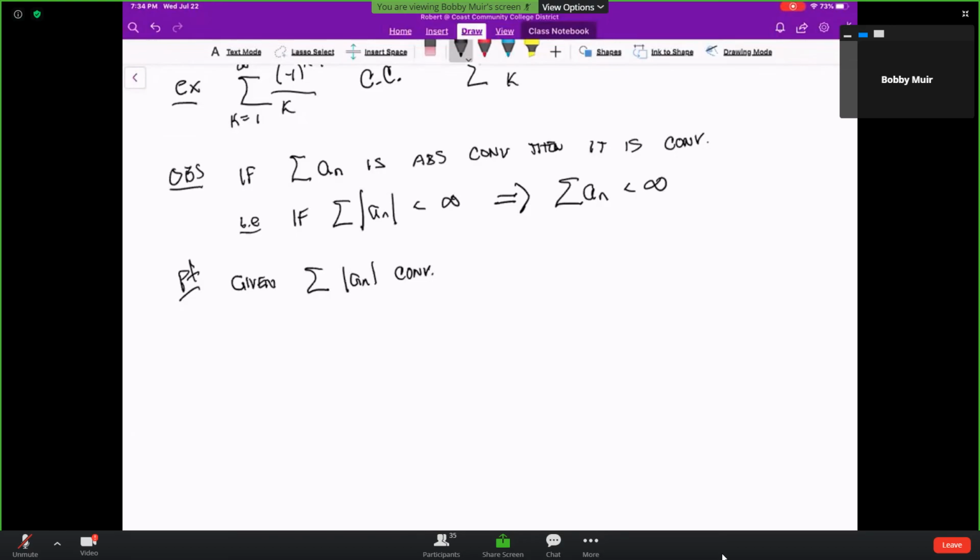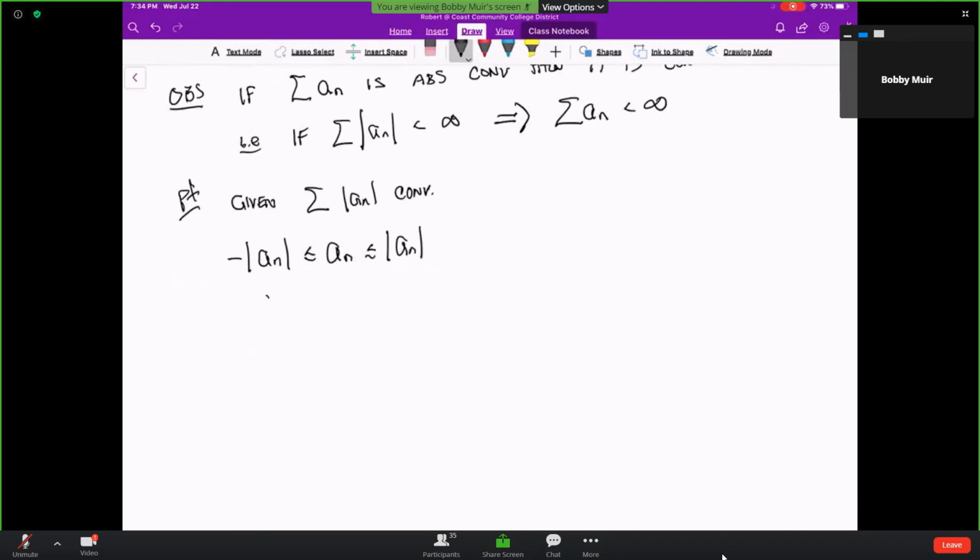we make kind of a trivial little observation here that the value of AN is sandwiched in between the negative of its absolute value and its absolute value, right? So 0 would be less than or equal to AN plus the absolute value of AN, and that would be less than or equal to 2 absolute values of AN.